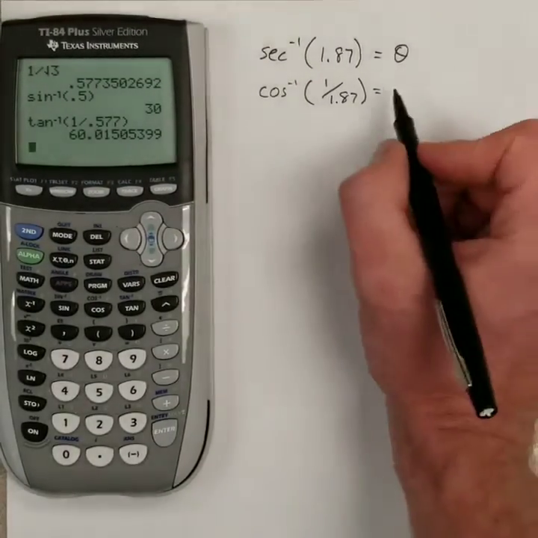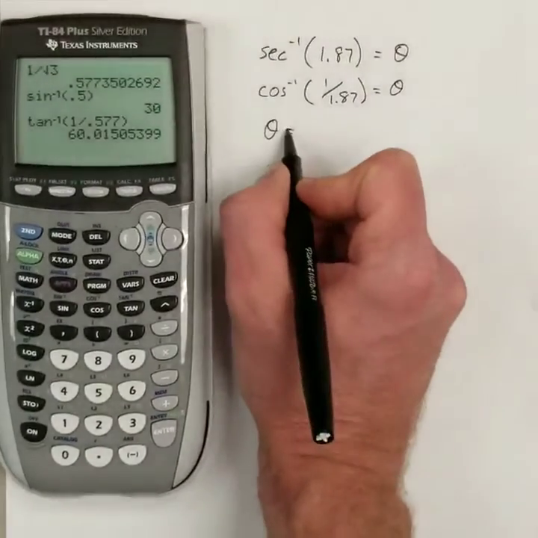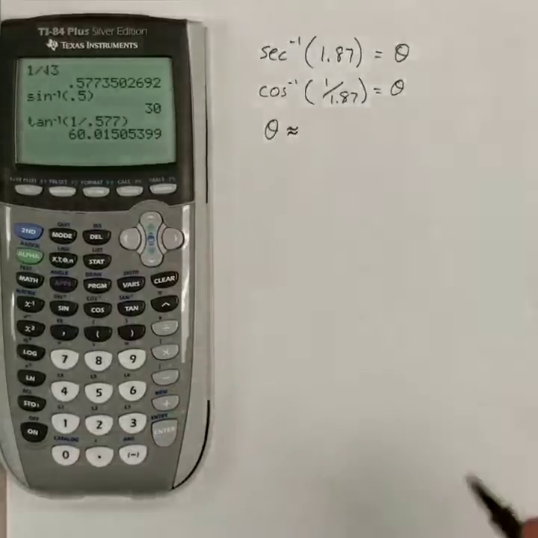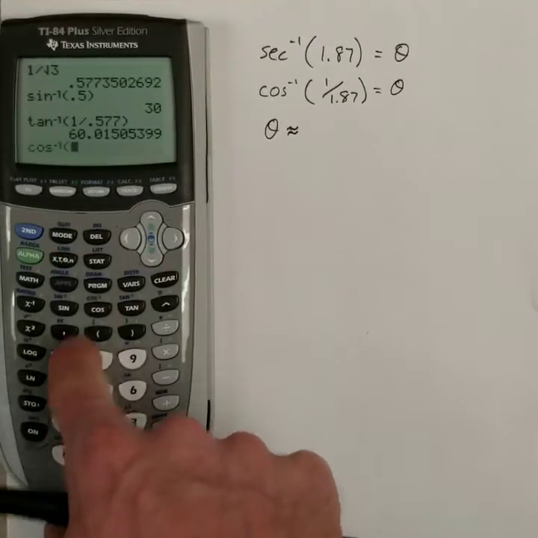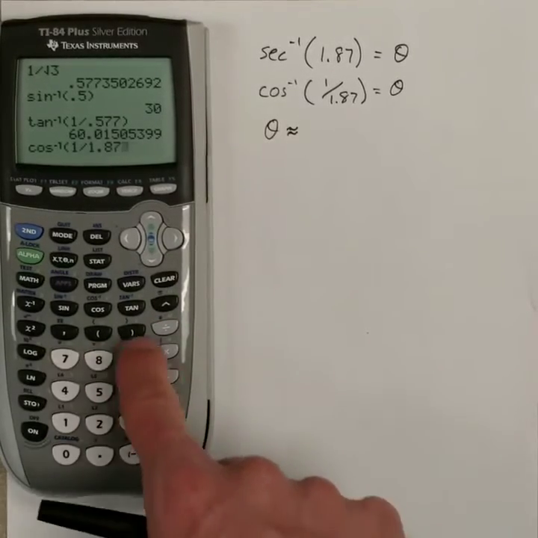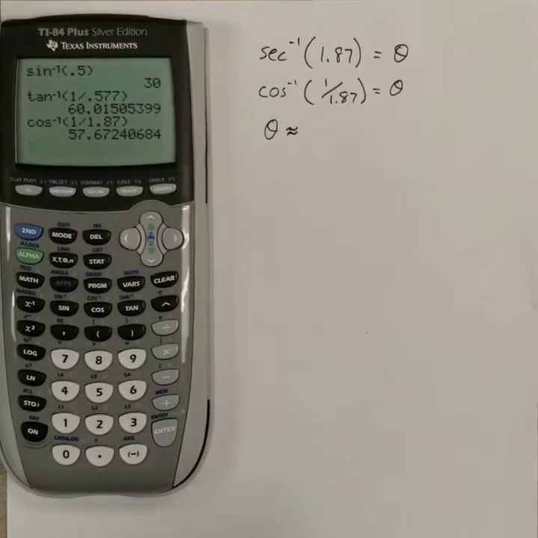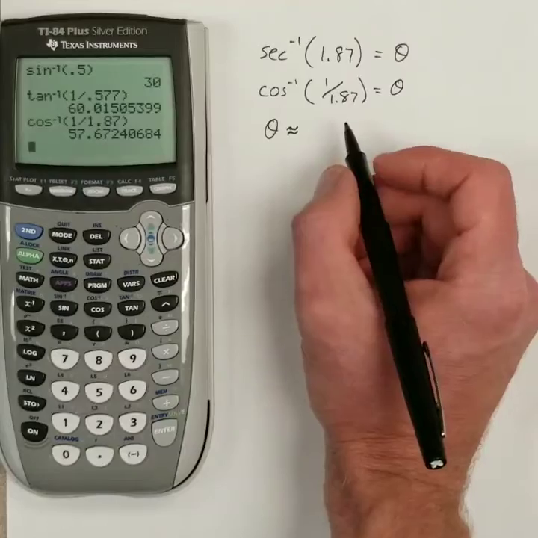Okay? And so if I calculate that, I'm going to want an approximate here. So the inverse cosine of 1 over 1.87 is approximately a 57.7 degree angle.